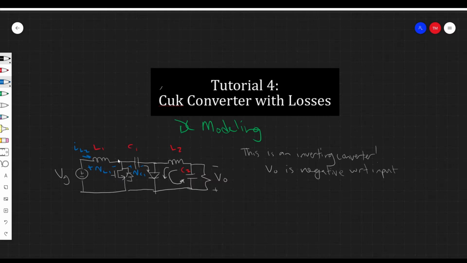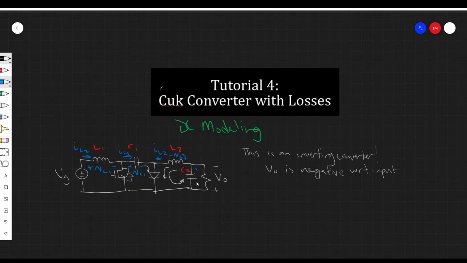It should go into the positive terminal for passive components. So we have IC1, IL1, and we've noted that the current through IL2 should go in this direction if the output voltage is negative, which means that the voltage should be in this direction.